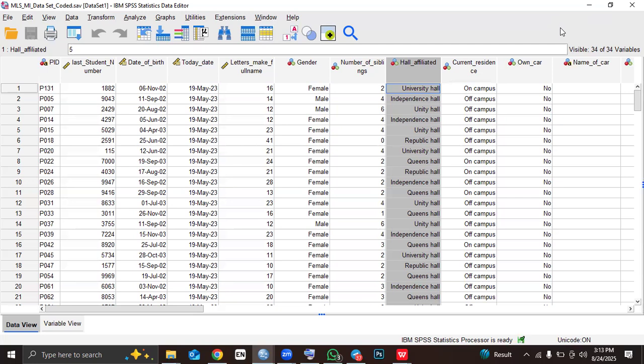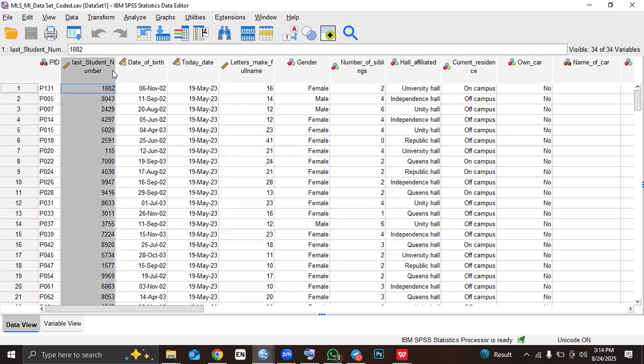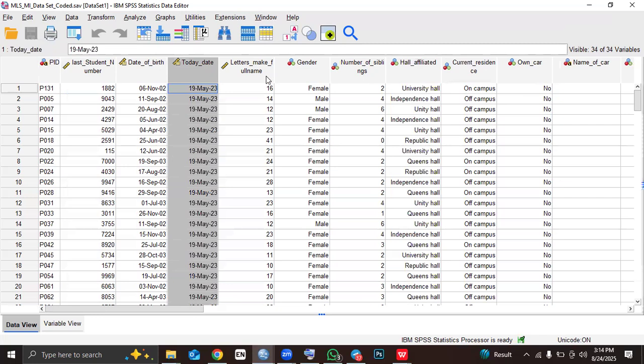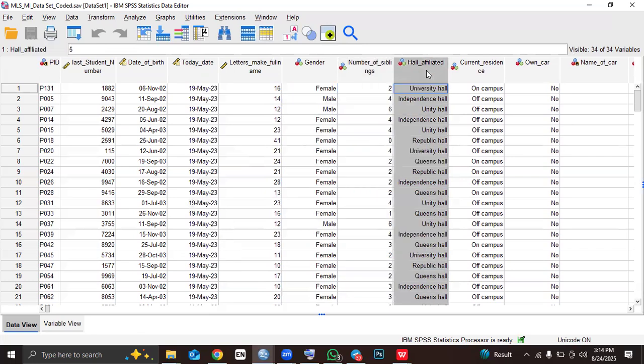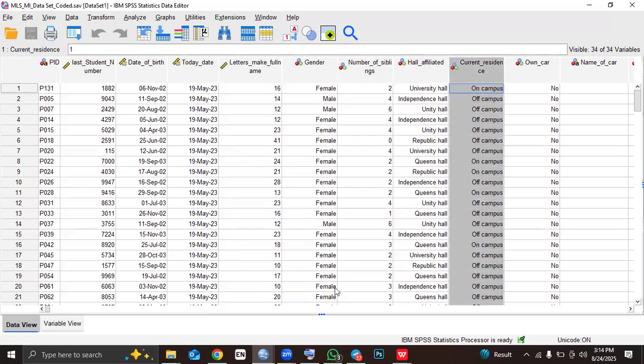It's very easy, very simple. Okay, let's get into it. So this is SPSS, and this is our data that we are going to be using here. You have our ID, date of birth, today's date, the full name, the gender, siblings, hall affiliation, and so on and so forth.